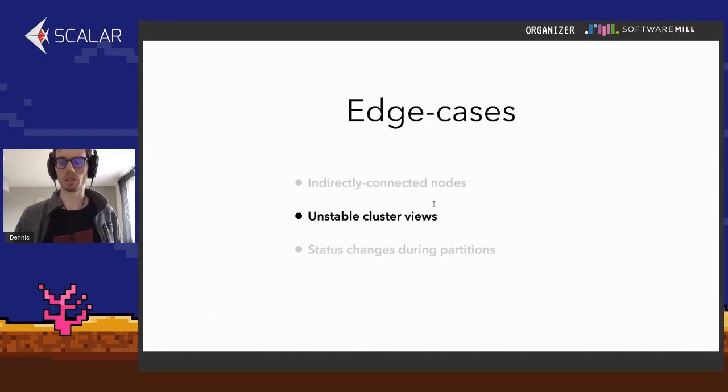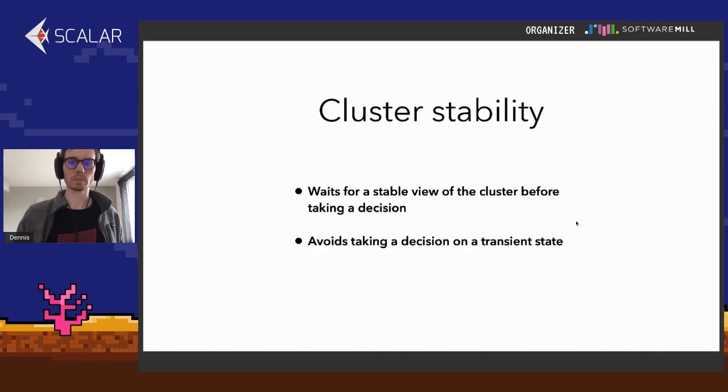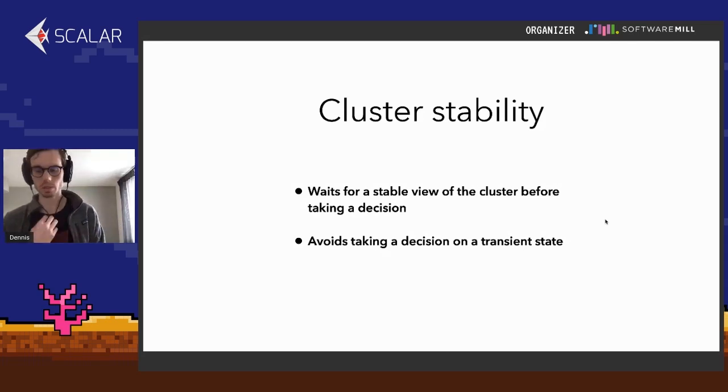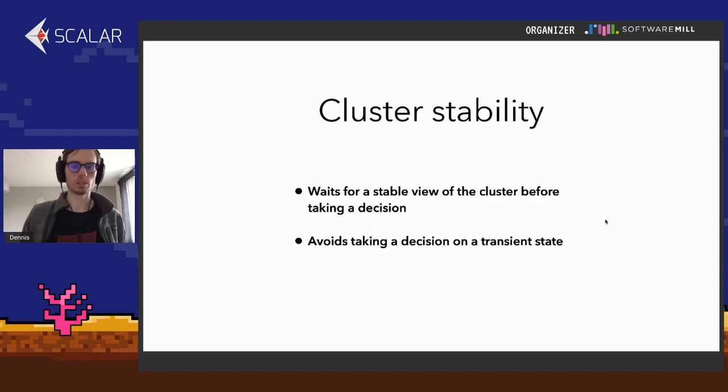Now, unstable cluster views. What I haven't said before is that when an unreachable node is detected, so potentially an issue in the network or a crash has been detected, each side will wait until its view of the cluster stabilizes, so it's stable for long enough.